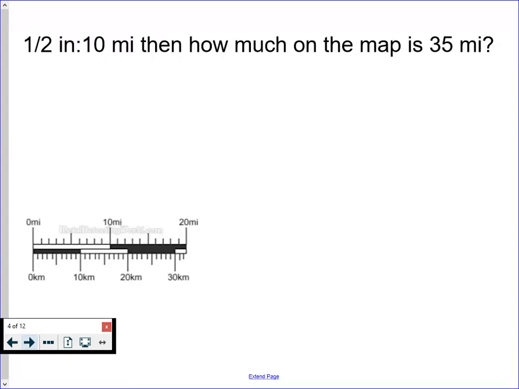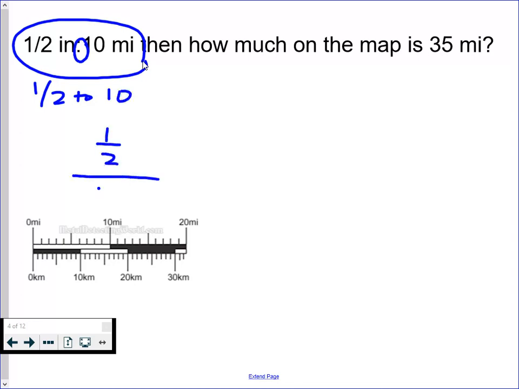So what does that look like? In this situation, it says a ½ inch on the map is worth 10 miles in real life. Here is my ratio. And remember, ratios could have this colon. It could have the word "to."